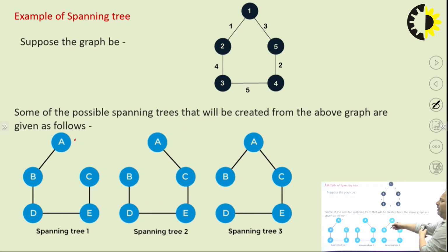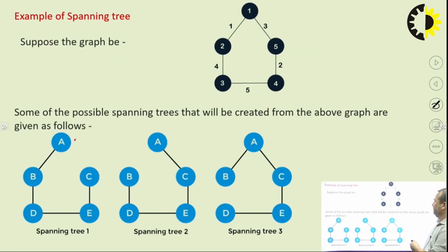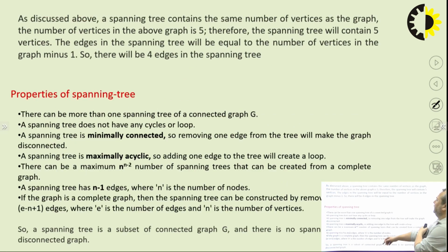So we can draw many spanning trees from a graph, and if the graph is a complete graph, we have already identified how many: n to the power n minus 2. Now some properties of a spanning tree. There can be more than one spanning tree of a connected graph. A spanning tree does not have any cycle or loop.